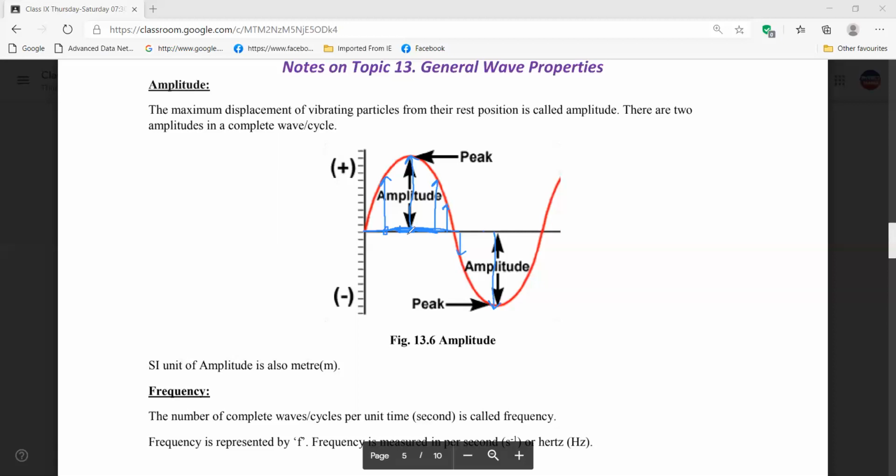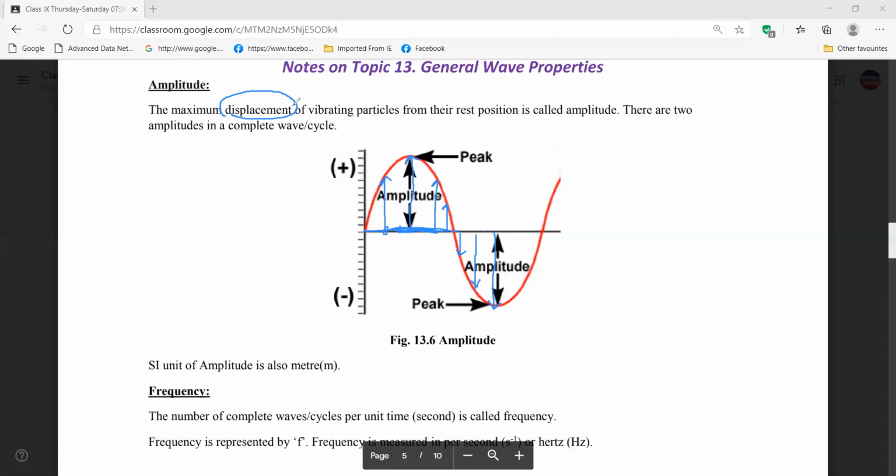It is displaced from its place, isn't it? The particle is displaced from its place upwards and downwards, right?